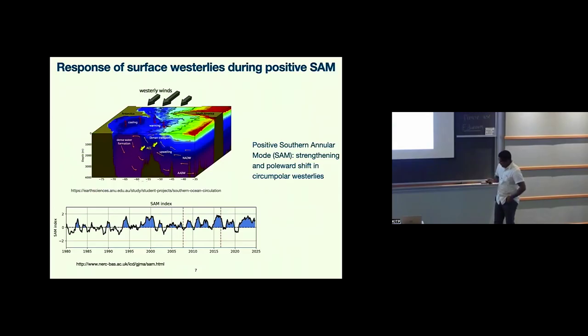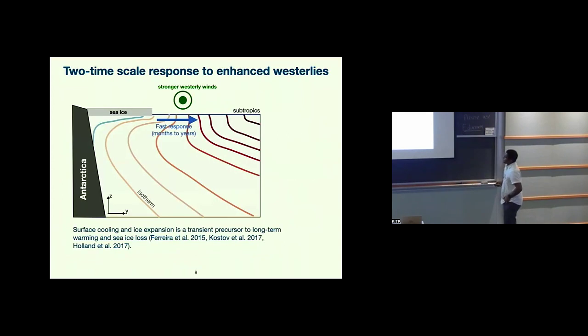And this bottom plot here is showing the trend in the SAM index. So positive means more poleward, intensified circumpolar westerlies, and we see this very apparent trend towards the positive phase since 1980, right?